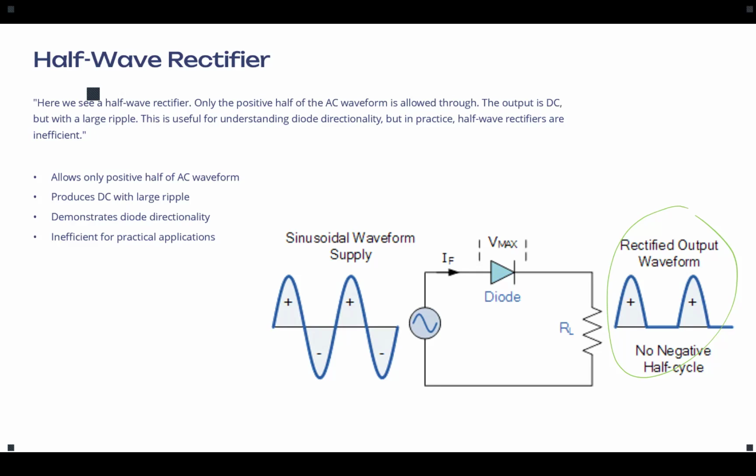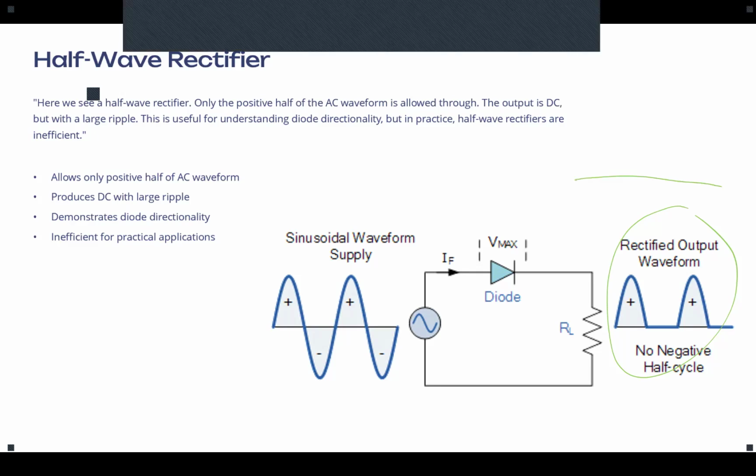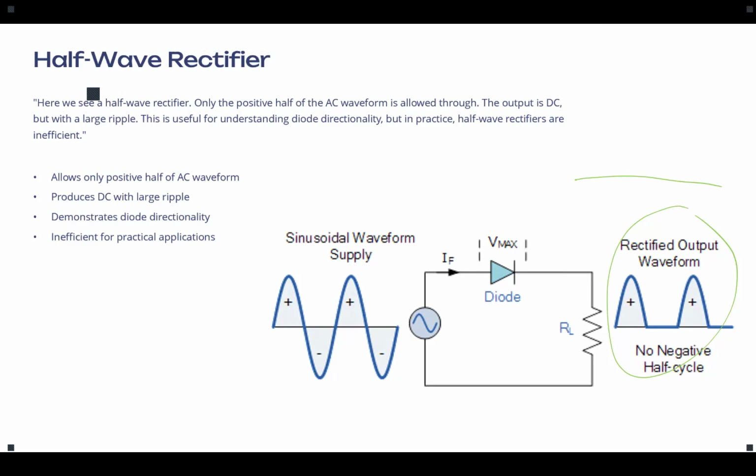This is the ideal. What is going to happen in reality when we have such a schematic and the source is a simple AC source? What is the non-ideal, non-theoretical output?